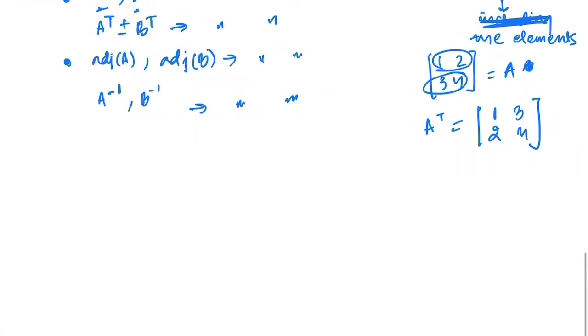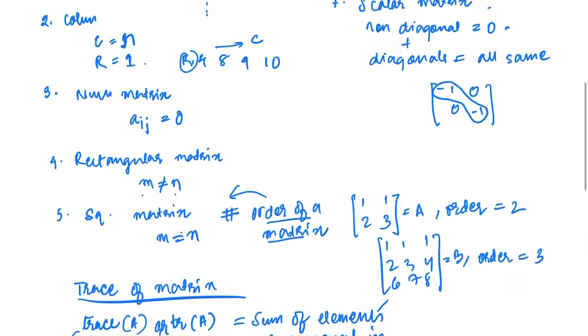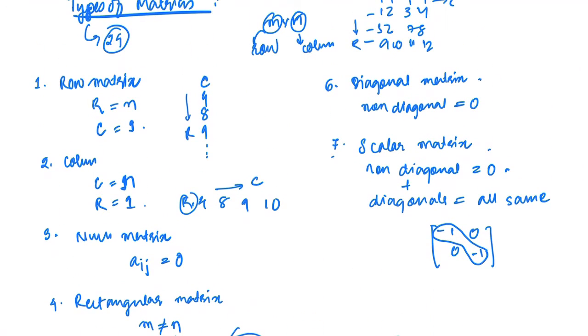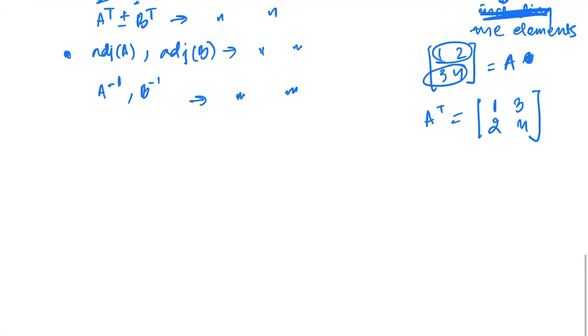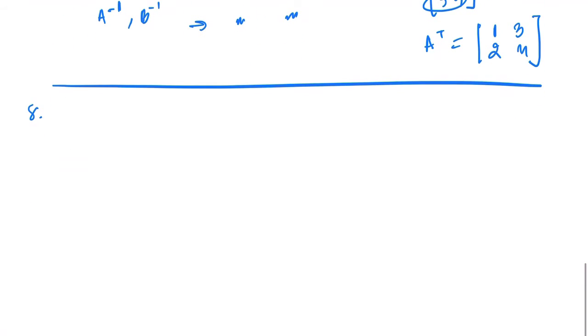Moving on, we saw 7 types of matrices. Now coming to the 8th type, the unit or identity matrix.